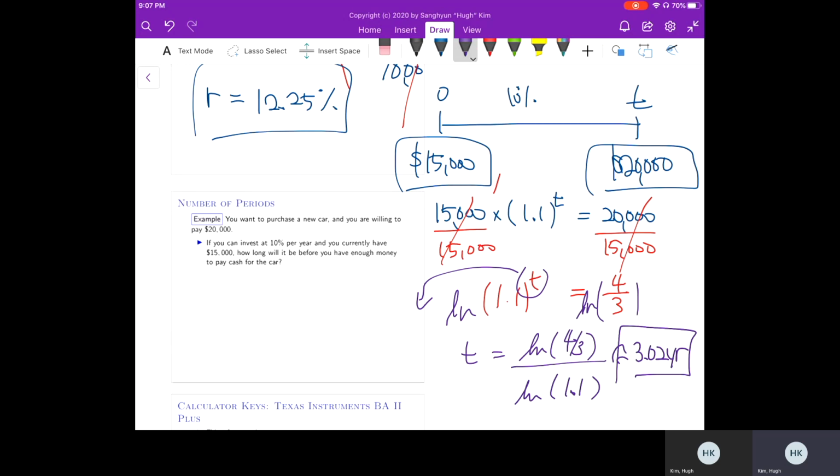So that's how long it's going to take for you to grow your $15,000 to $20,000.